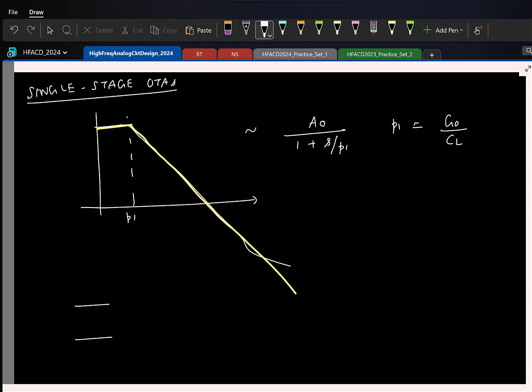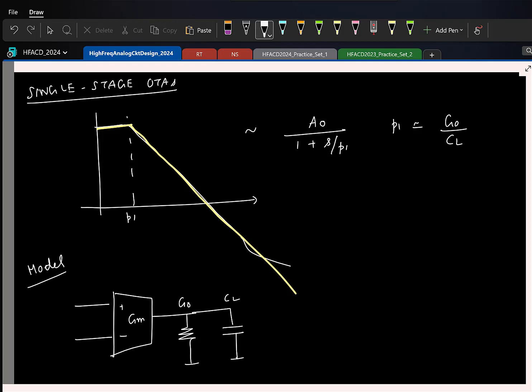We assume a transconductor with some short circuit Gm, which in a single stage OTA is the Gm of the differential pair, and then an output conductance G0 and an output capacitance. This is the first order system, and that's how we will model our single stage OTAs.